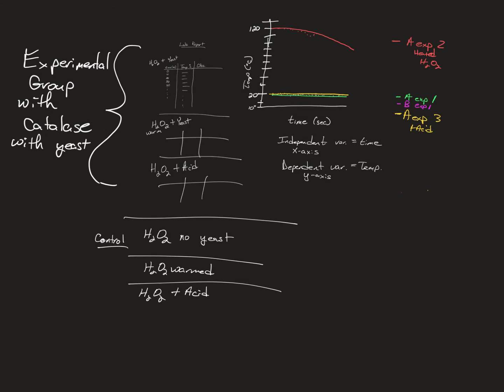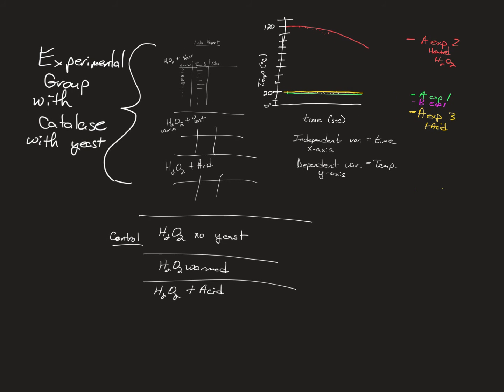Does that make sense? So your experimental groups, I'm pretty much giving you all the answers, so if you're paying attention, you should be able to write it up pretty straightforwardly. So experimental 1, H2O2 with yeast, it should have started here, and as time went on, the heat should have gone up, and it kept going up.